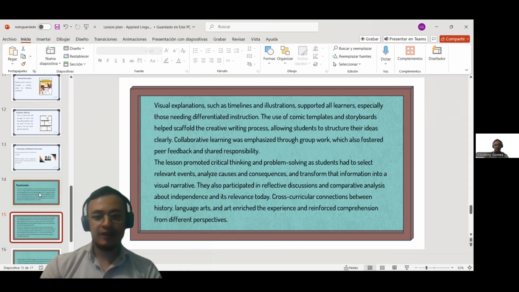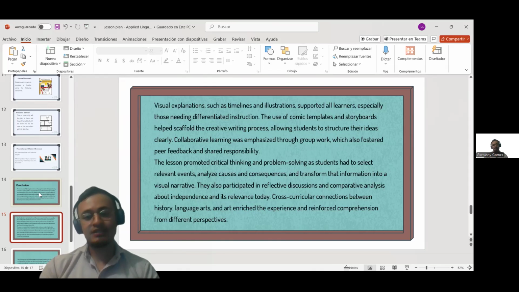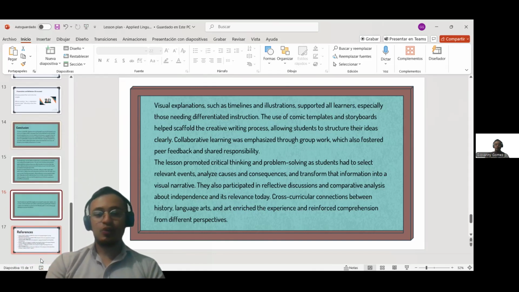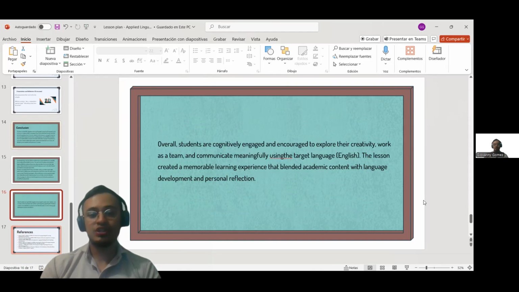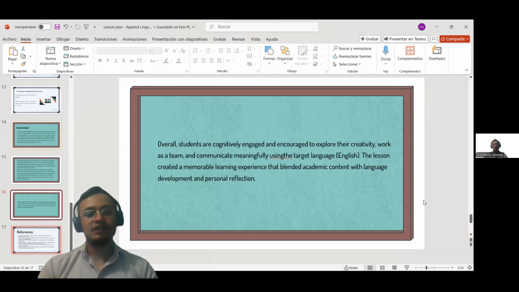They participate in reflective discussions and comparative analysis about this important event. As a general conclusion, the students are cognitively engaged and encouraged to explore their creativity, their collaborative work, and their communicative skills using the target language.